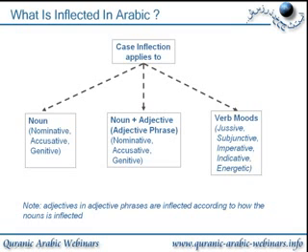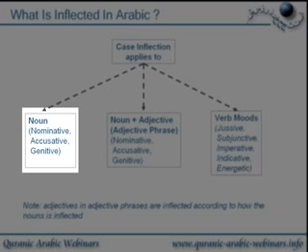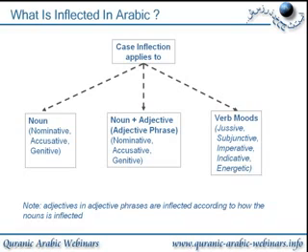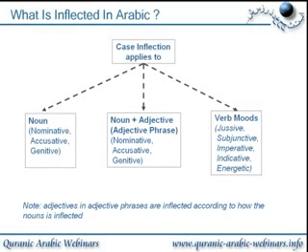Now we're going to look at what is actually inflected, i.e. when do these sort of changes on nouns or words take place. And there's three main categories. The first one is nouns. So nouns can be put into the nominative, accusative and genitive states. If you have adjectives which are describing nouns and they're very closely coupled together, what we call an adjective phrase, then the adjective itself is inflected exactly the same way as the noun.